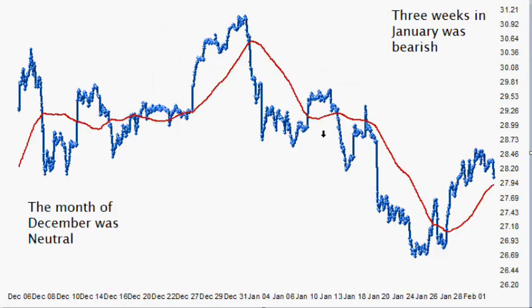Now after this had occurred, that's when we went within 2 different trends. One was neutrality, and then it was bearish. The neutrality was the month of December. We had them top at market top, go below this market, above, below, above, and now it's trying to break through.